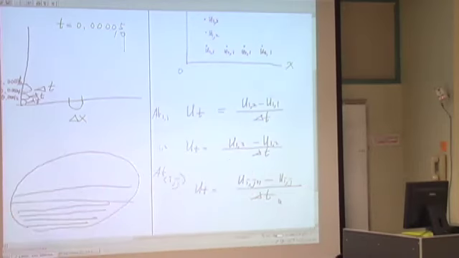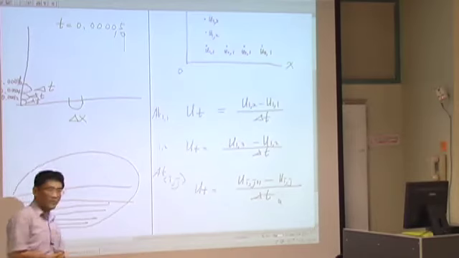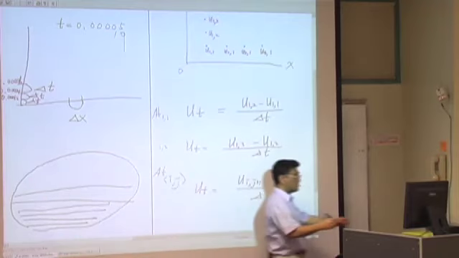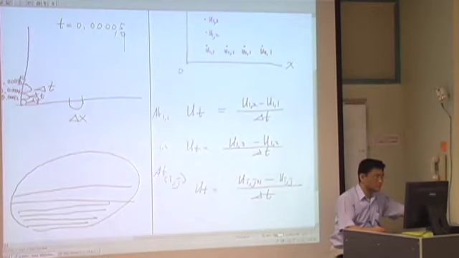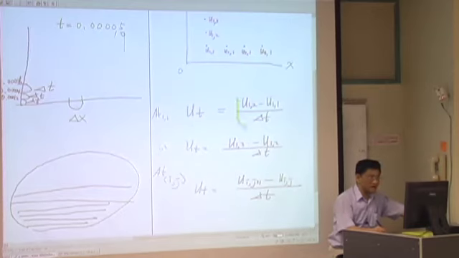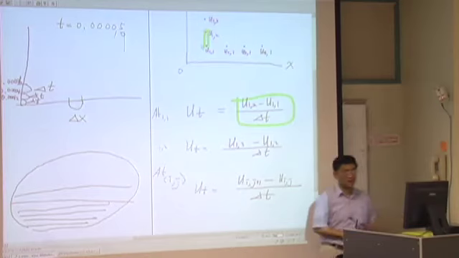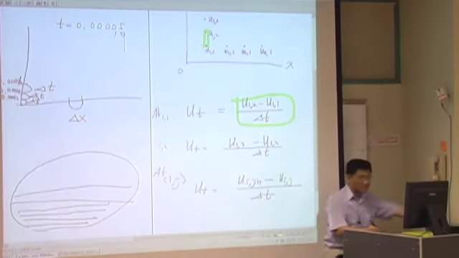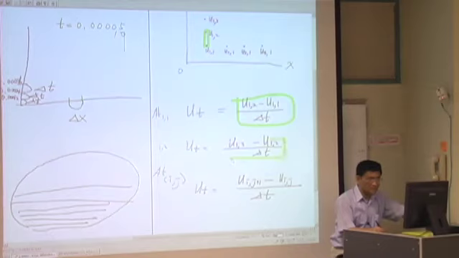So at each point, the representation of the derivative varies. This representation is valid only in this area, and this one is valid only in this area.